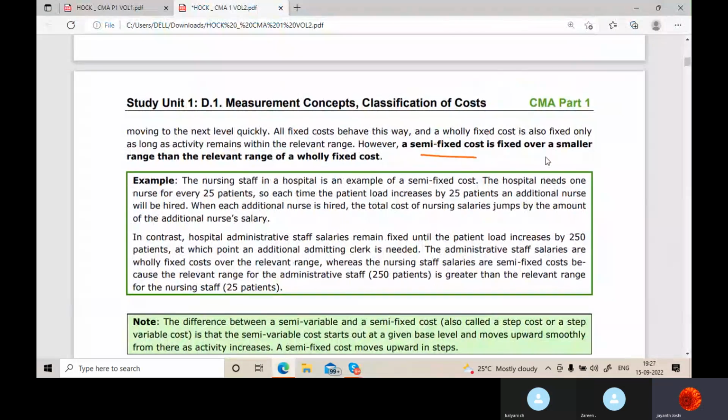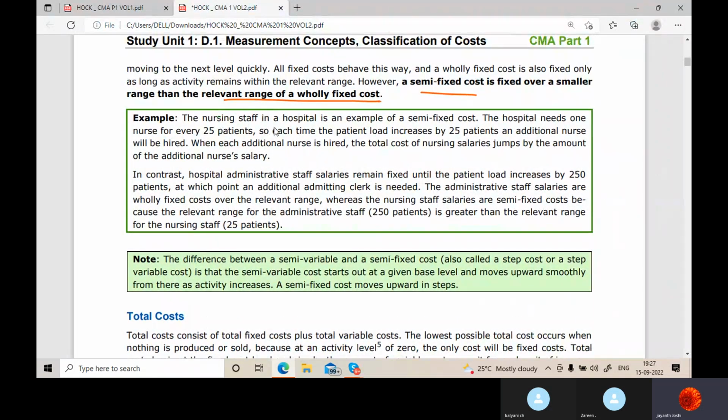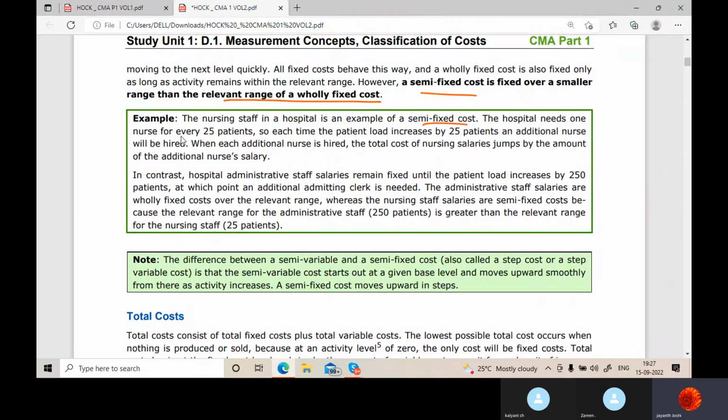A semi-fixed cost is fixed over a smaller range than the relevant range of a wholly fixed cost. So you can check here, the nursing staff in a hospital is an example of semi-fixed cost. The hospital needs one nurse for every 25 patients. So each time the patient load increases by 25 patients, an additional nurse will be hired.